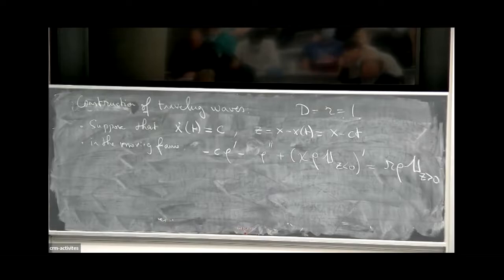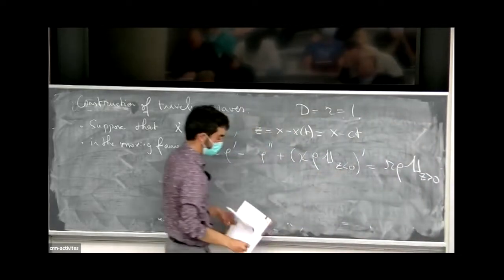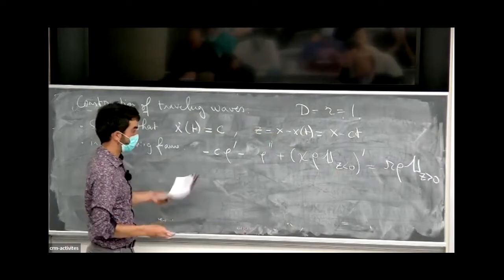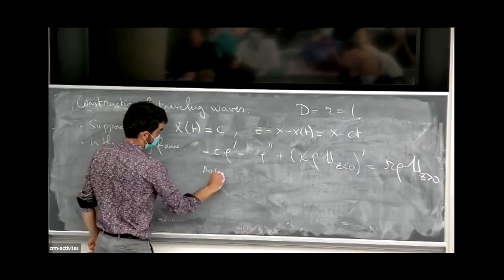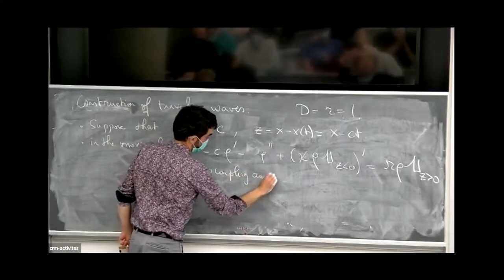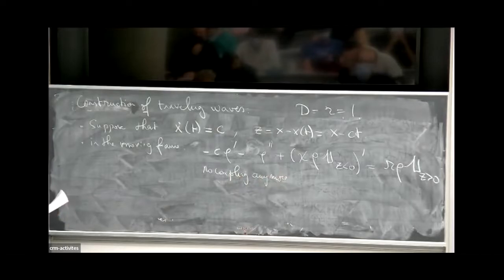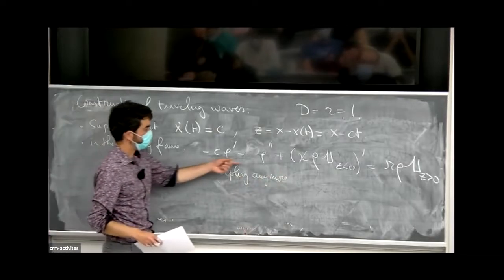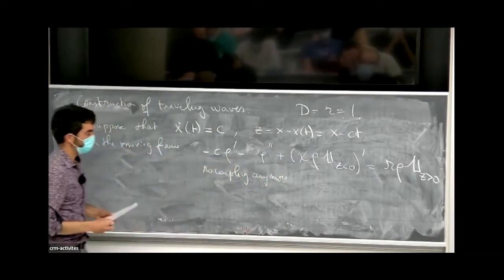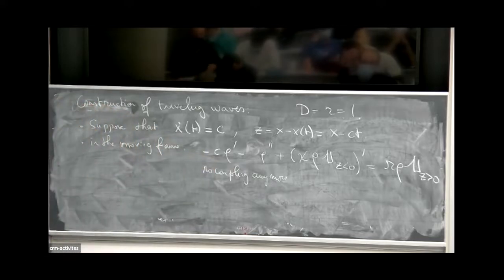By translational invariance, of course, I can choose the interface to be at 0. As you see, there is no coupling anymore. This is the reason why I didn't write the equation for the oxygen, because the oxygen will not play any role in the construction of the traveling wave and the determination of the speed.